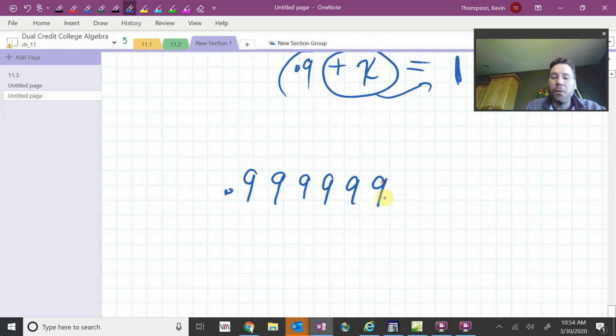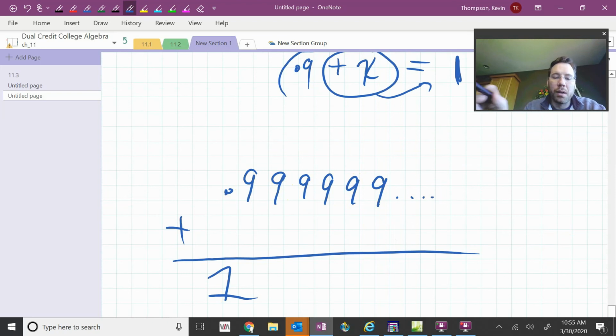So if I wrote out 0.99999... and I want to add something to it to get the number 1, the question is, what would I have to add? Well, 0.0, I couldn't put a 1 there because that would be a little bit bigger than 1. 0. Well, every time there's a 9, I have to put a 0.